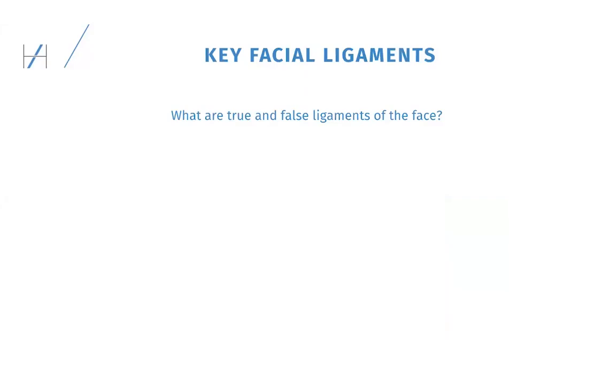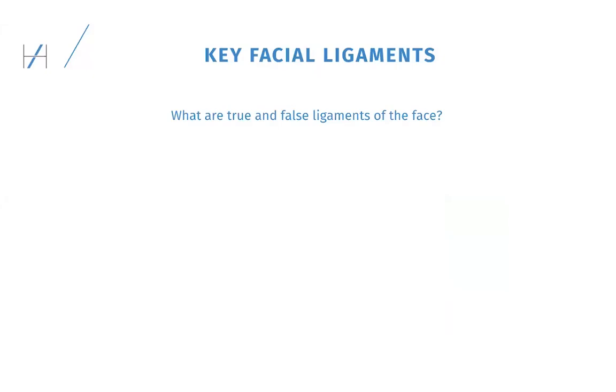So the other thing I think is important is ligaments of the face. It's something that's not necessarily spoken about too much, but I think it is important, particularly in the midface, because it gives rise to surface landmarks that often bother patients. And the difference between true and false ligaments in the face: true ligaments run right from skin all the way to bone.